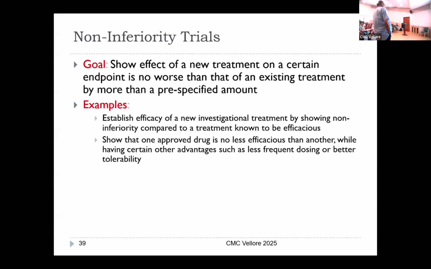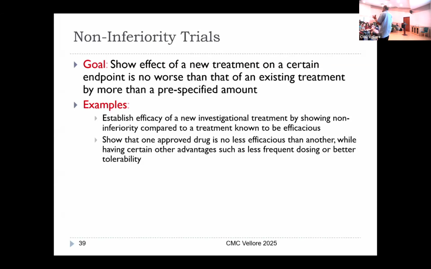So this is when I have a new investigational treatment. I want to show it non-inferior to a treatment known to be efficacious, or that it's for an approved drug, and I have a new drug that is maybe cheaper, maybe it has fewer side effects, maybe I don't have to take it as frequently, maybe only once a week instead of twice a day, and it's more convenient.